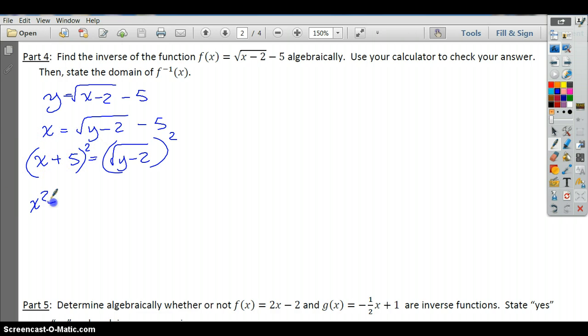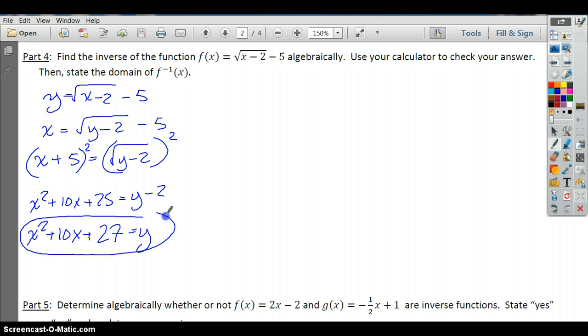This is x squared plus 10x plus 25 equals y minus 2. So it looks like our inverse function will be y equals x squared plus 10x plus 27.